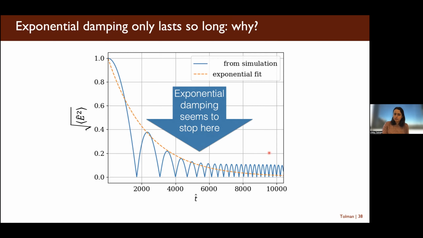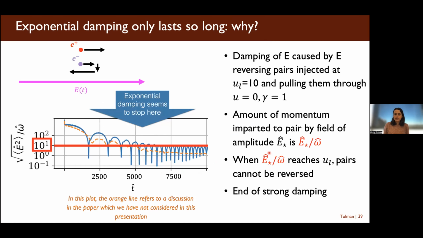After that, the electric field will not damp as strongly. So why does this exponential damping stop? Recall that the damping of the electric field is caused by the electric field reversing pairs injected at a momentum of roughly, say, 10 in the simulation and pulling them through a momentum of 0, or a Lorentz factor of 1.